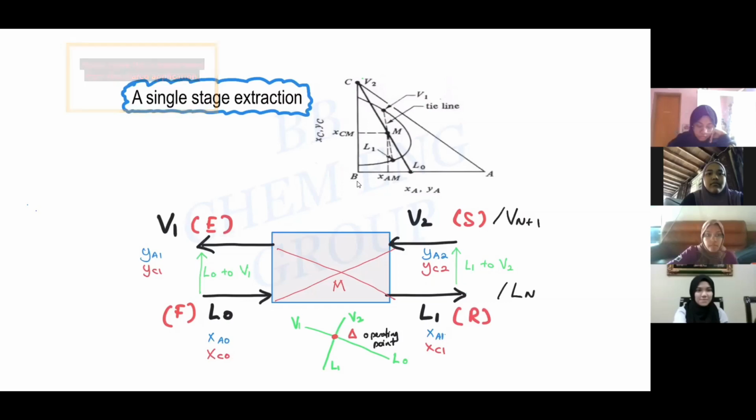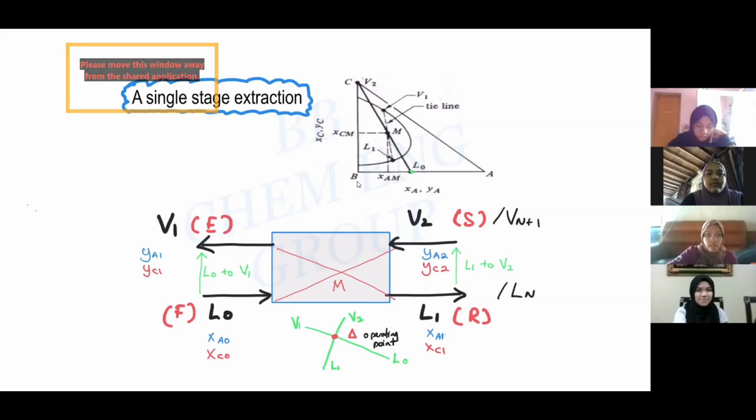So let's look here. L0 to V1. Let's draw that one. So this is L0. You just draw from L0 to V1, the method to get the operating point.